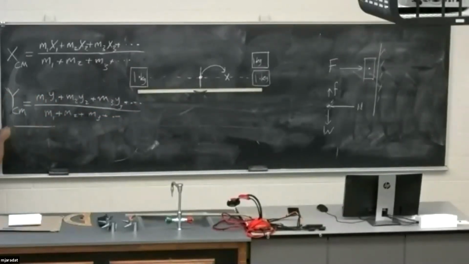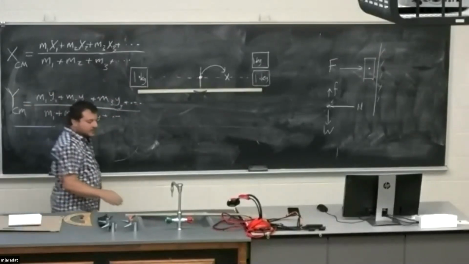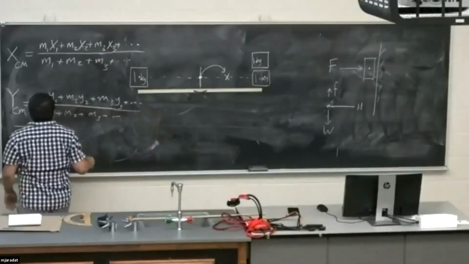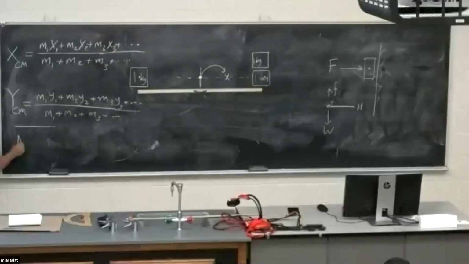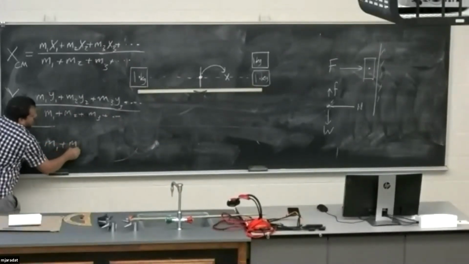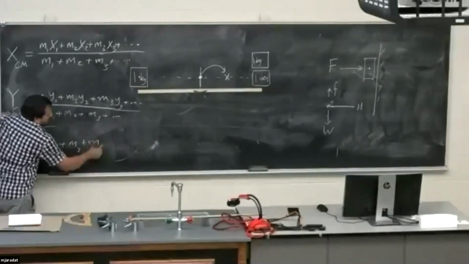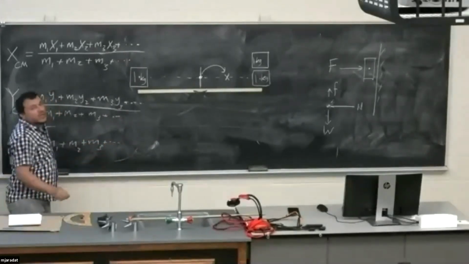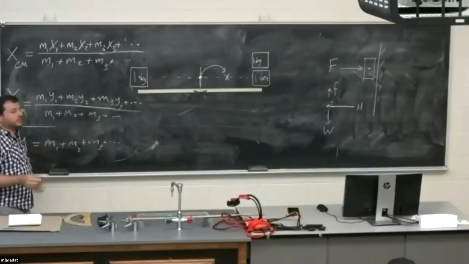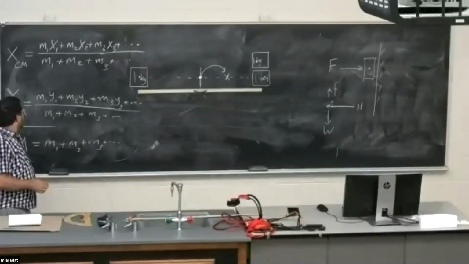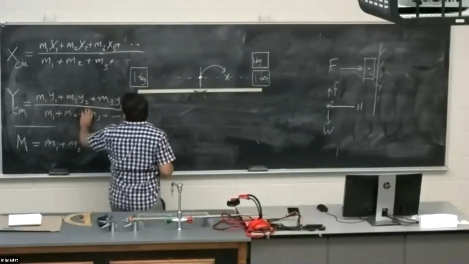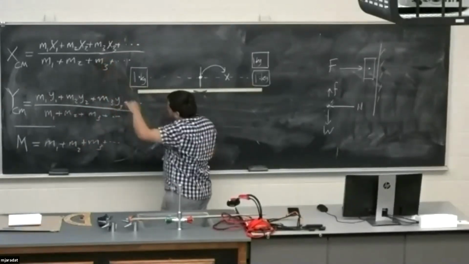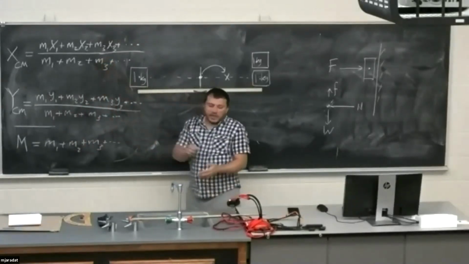We have a name for the total mass, which is M capital, equal to m1 plus m2 plus m3 and so on, which is the total mass of the system. We can just assume it as a capital M.